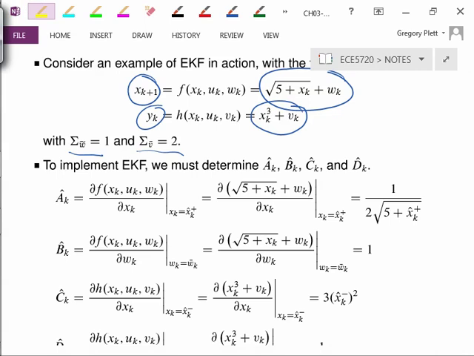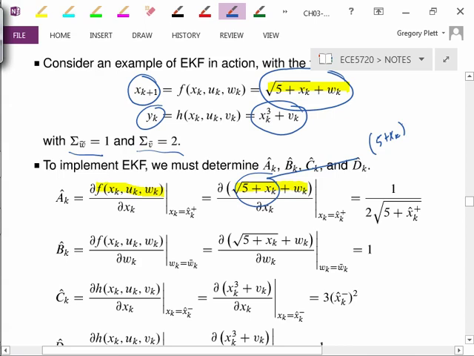What we do is we say, okay, what is f? Well, f is this: root 5 plus x added to w, so it's the partial of root 5 plus x added to w with respect to x. We know that the partial derivative of w with respect to x is 0, and then for the partial derivative of the square root of 5 plus x with respect to x, I like to think of it as 5 plus xk to the 1/2.